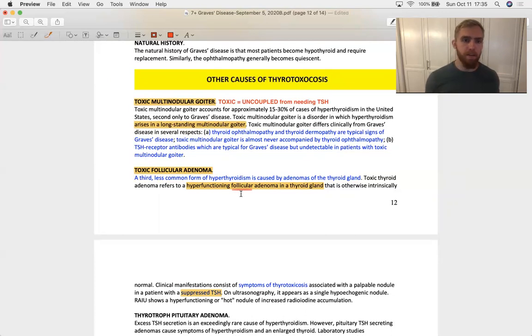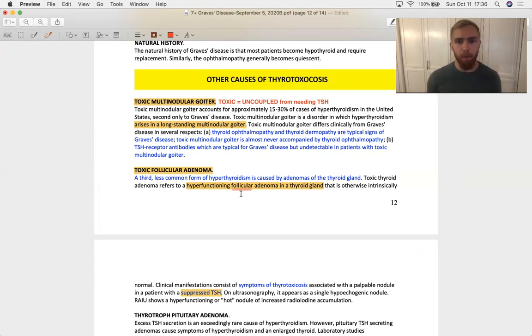But you might see this toxic goiter, and what toxic means is that your thyroid is just making thyroid hormone without waiting for TSH to tell it what to do. It's uncoupled from TSH. And so another word we might use for that is autonomous. And toxic goiter typically arises out of a long-standing multinodular goiter.